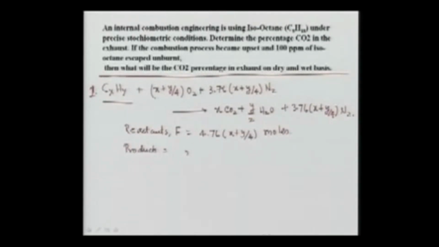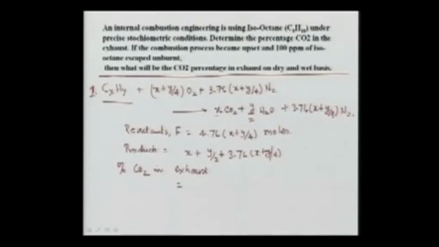So x moles of CO2, agreed, y by 2 moles of H2O plus 3.76 x plus y by 4 moles of nitrogen, which gives the total moles on my product side. Okay, so the percentage CO2 in exhaust: how many moles of CO2 are there?